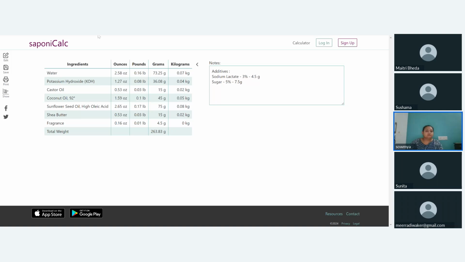In the slide that I have shared, I would have made 250 grams of the liquid soap, but you can even do less. We will do 150 grams itself. So this will be the soap that we will be making.